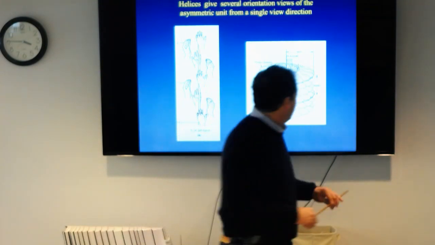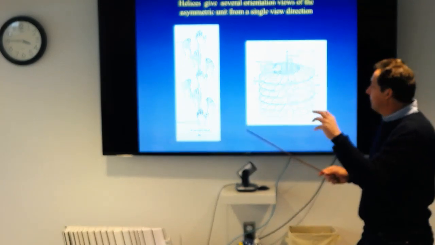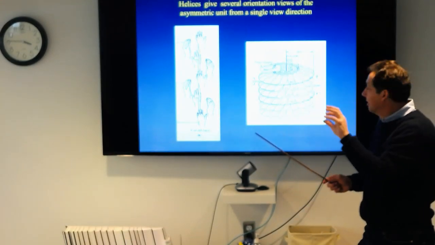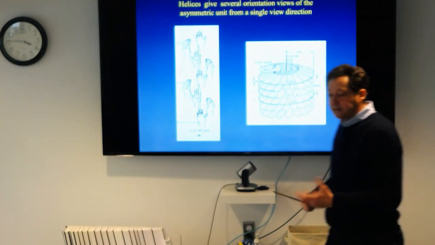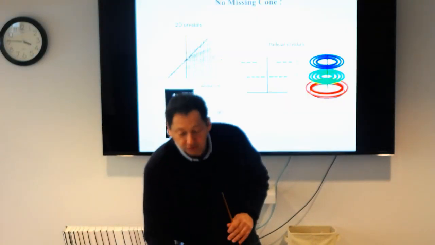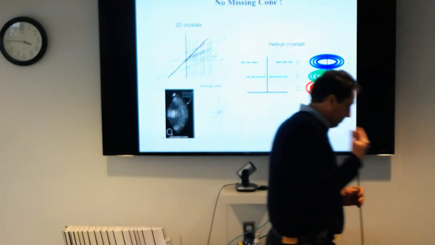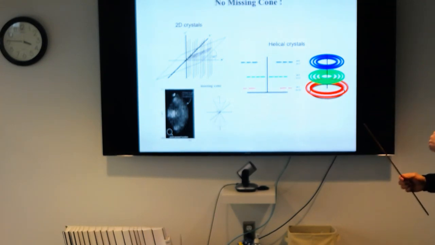As I said before, a helix, as you see this one, is giving you several views of the same object. That means that they are all superimposed on each other. But in principle, you don't need to rotate the specimen to obtain a three-dimensional view.